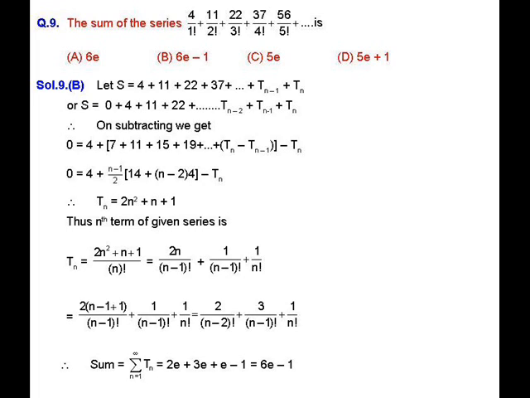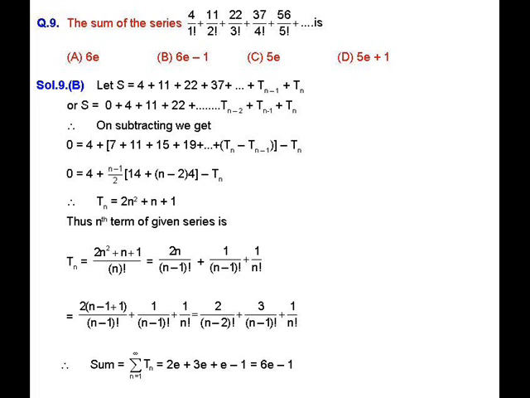To evaluate the numerator part of the nth term, we will take the sum of the n numerator terms. That is, we will take S equal to 4 plus 11 plus 22 plus 37 till the nth term as Tn.